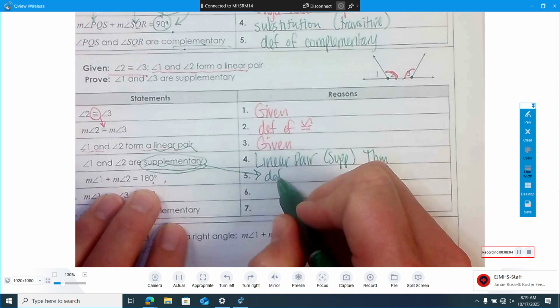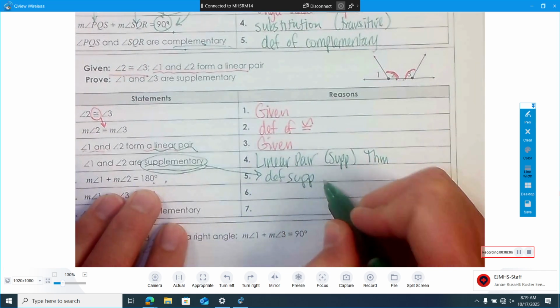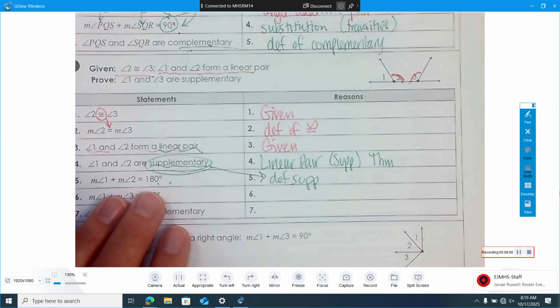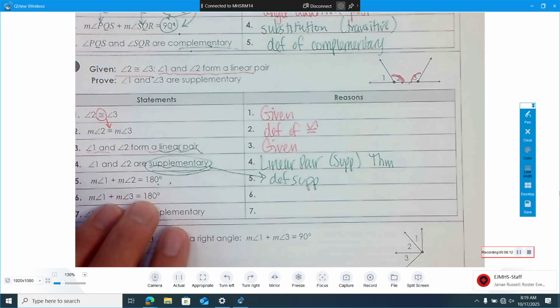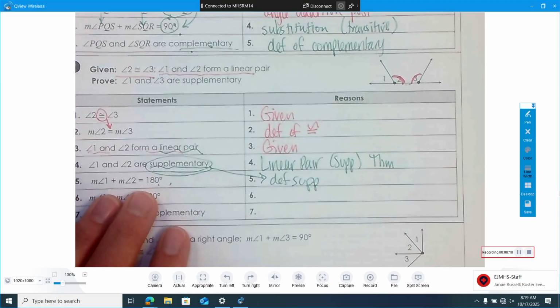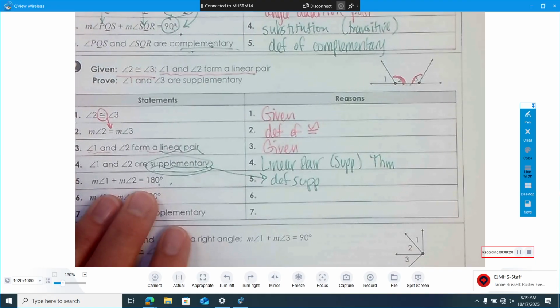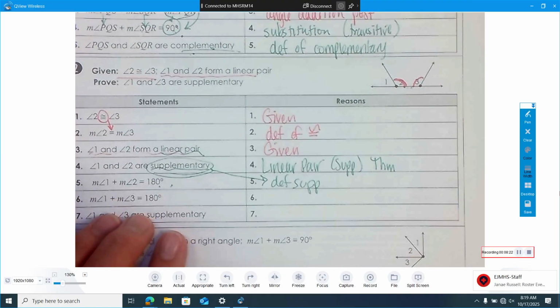The definition of supplementary is if they're supplementary, then they add to be 180. And that's what this is saying. They add to be 180, right? Definition of supplementary. Again, if there's a vocabulary word, you're probably going to use it. Okay? All right.